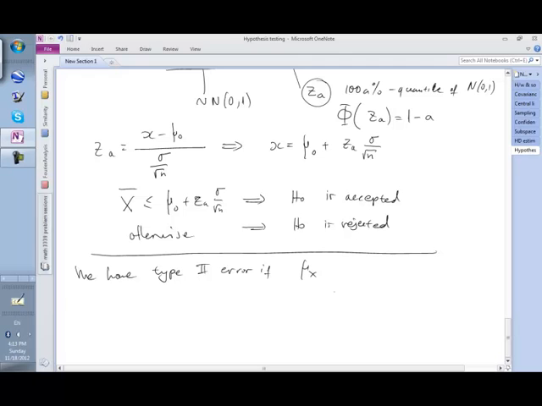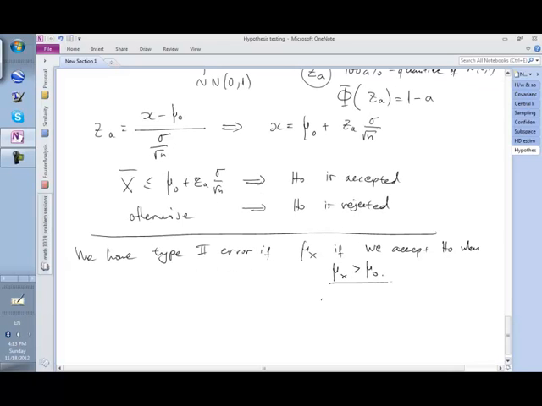And based on that, we also take the nature of the type 2 error. So we make a type 2 error if we reject the alternative hypothesis, which means we accept the null hypothesis, although the mean of x is greater than mu sub 0.